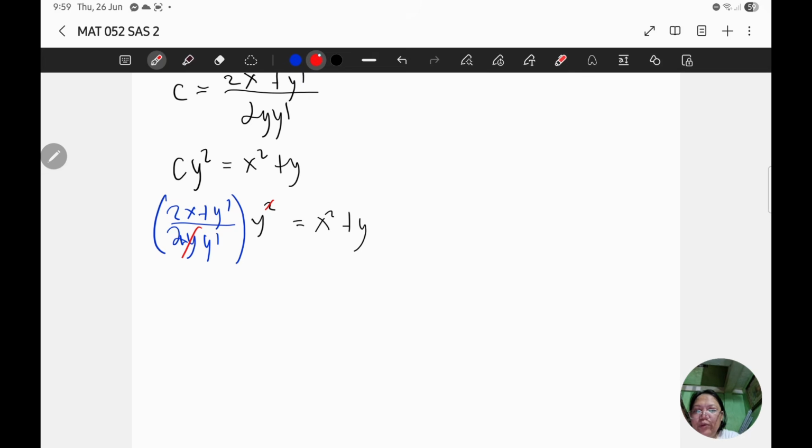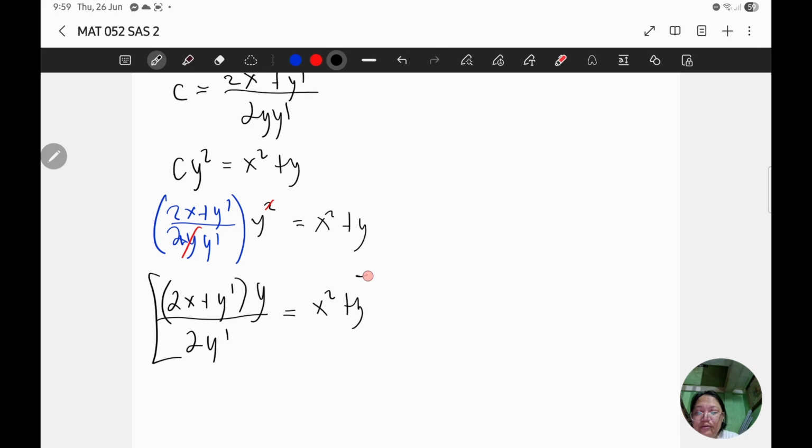So, we will get 2x plus y prime times y over 2y prime equals x squared plus y. Then, to get rid of the denominator, we will multiply the equation by the denominator.